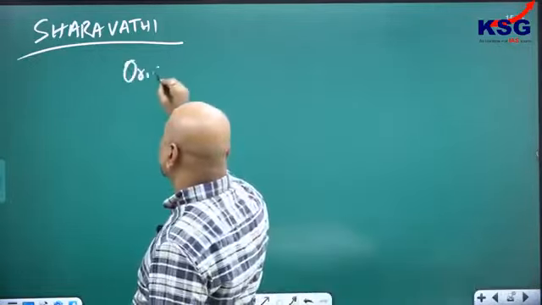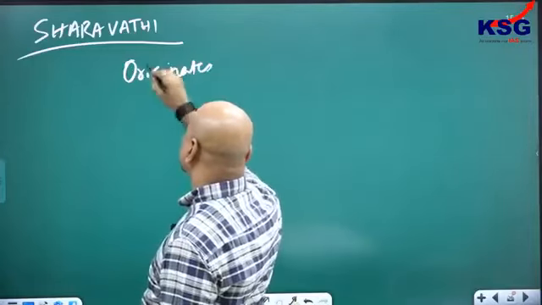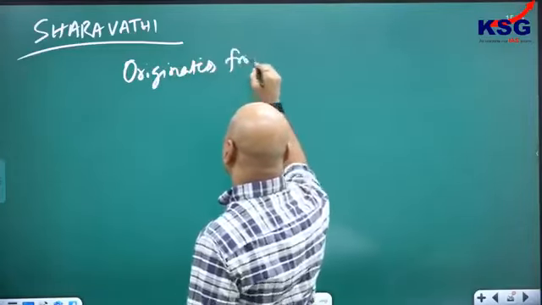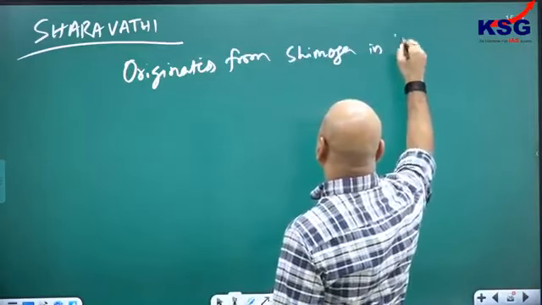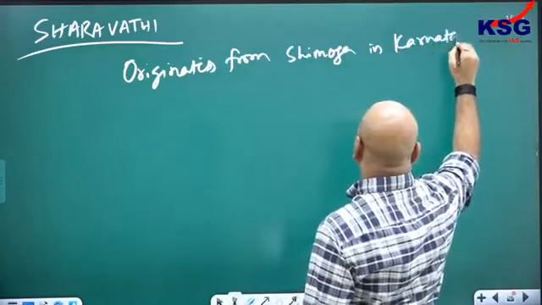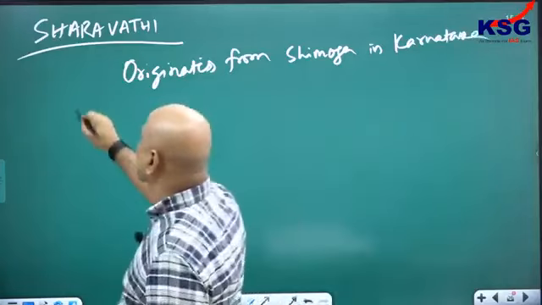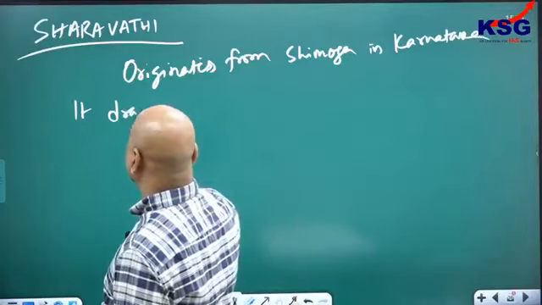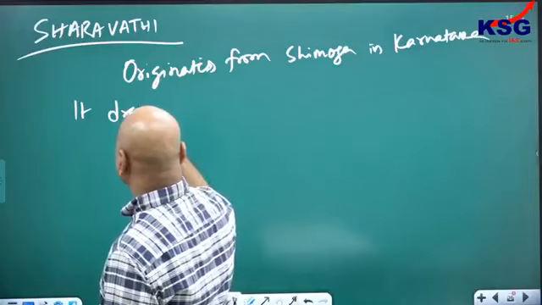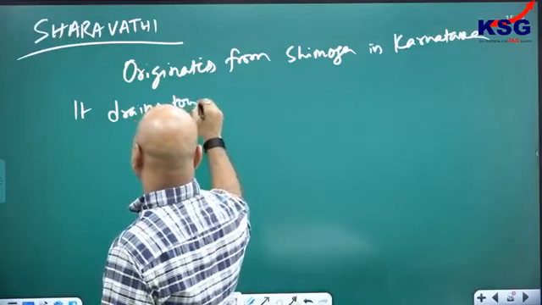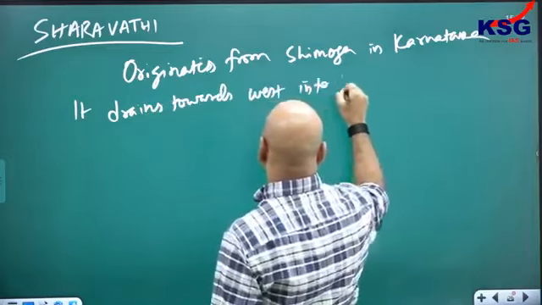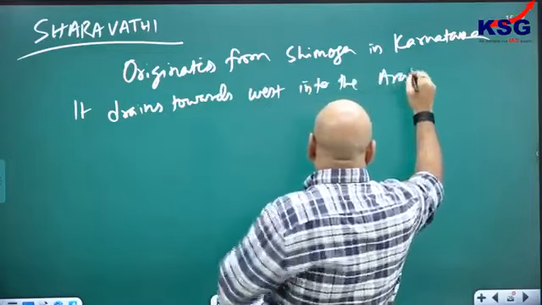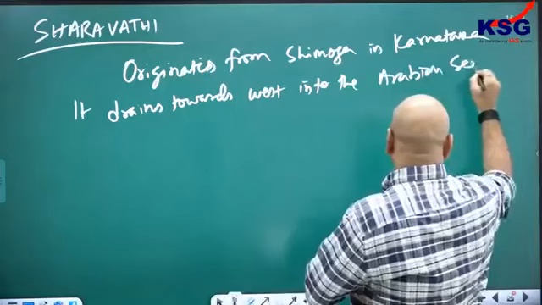It originates from Shimoga in Karnataka. It drains towards the west into the Arabian Sea.